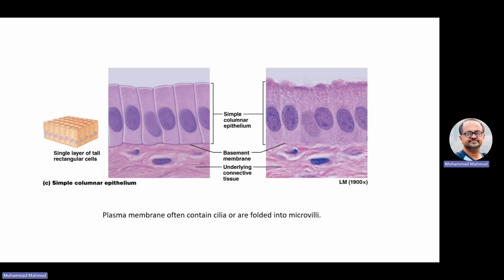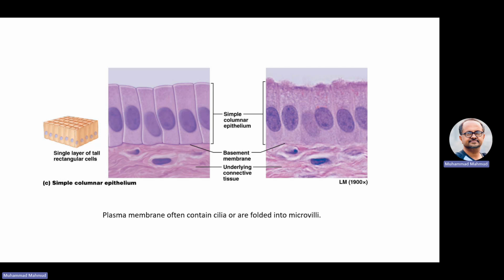In third type of cell or epithelium, we see single layer, but the cells are columnar. All right, so they are tall, single layer of tall rectangular cell. This is called simple columnar epithelium. Again, simple means single layer, and according to their shape and size, we name them.